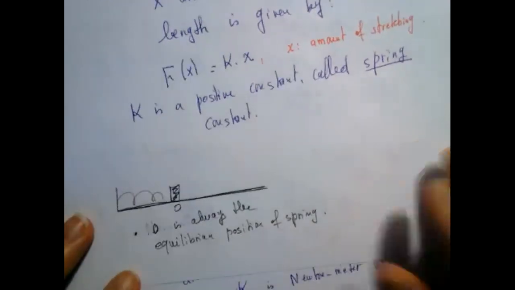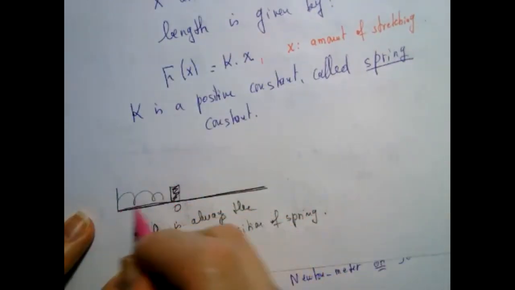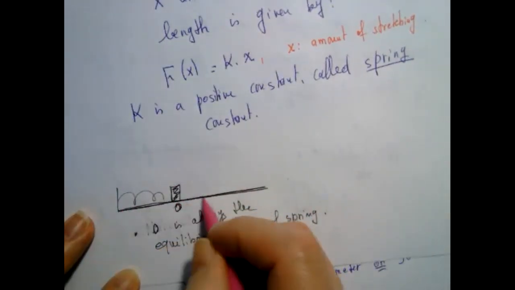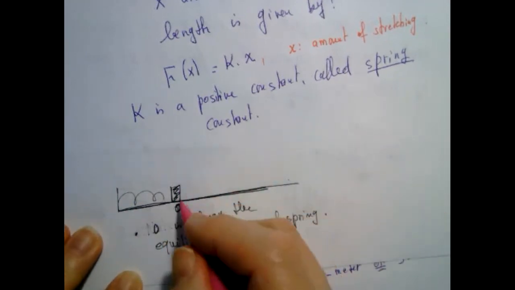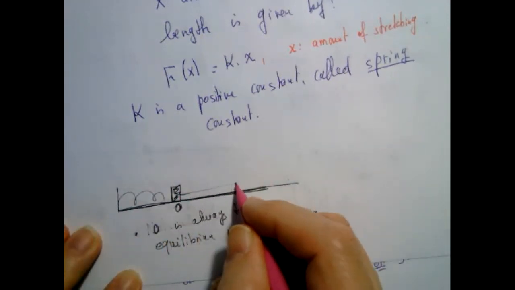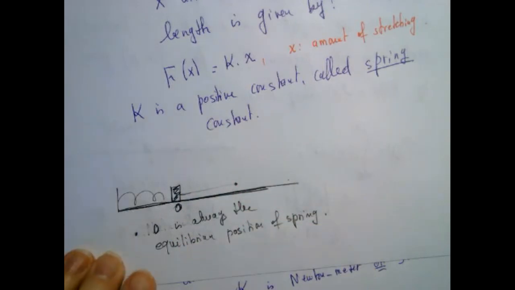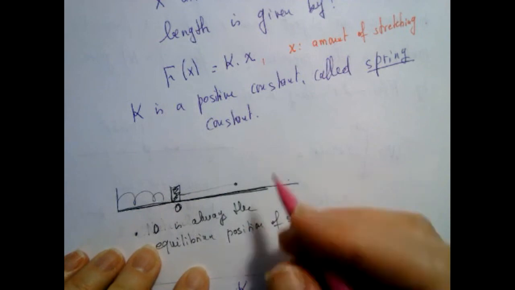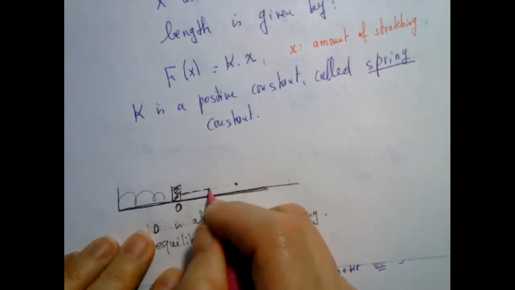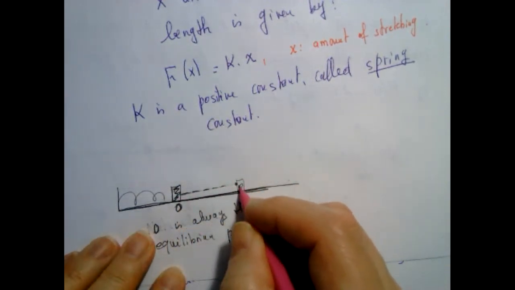So on the x-axis, we always put 0 at the equilibrium position. And I take the spring and I stretch it a little bit. The more I stretch, the more force I need. Suppose I take it and I stretch it up to here.